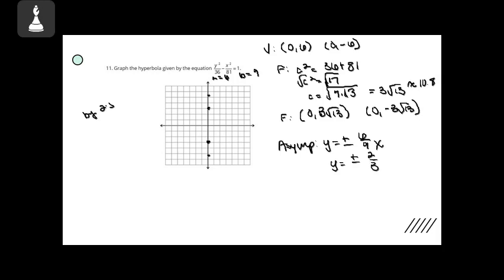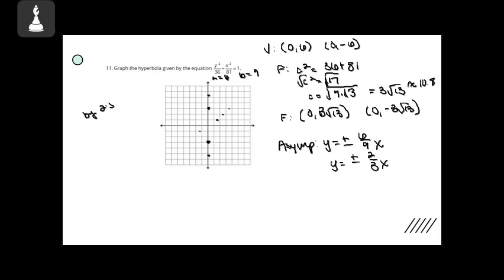Remember, I'm counting by 2s. Up 2 over 3, up 2 over 3. So you can see from my vertex, I have not gone over enough. So down 2 over 3, down 2 over. I did not go over far enough.